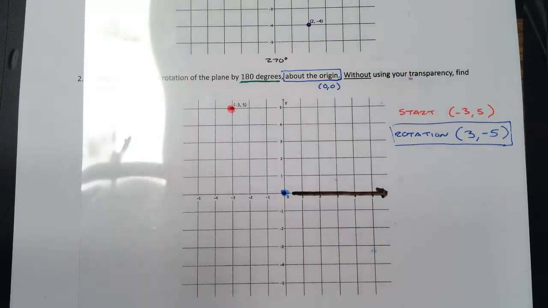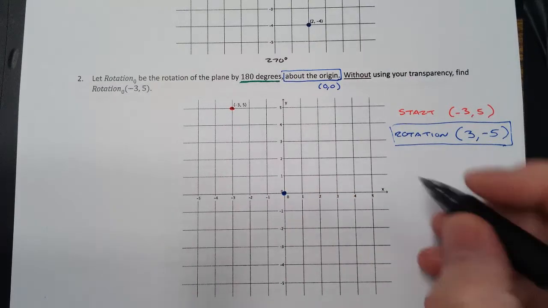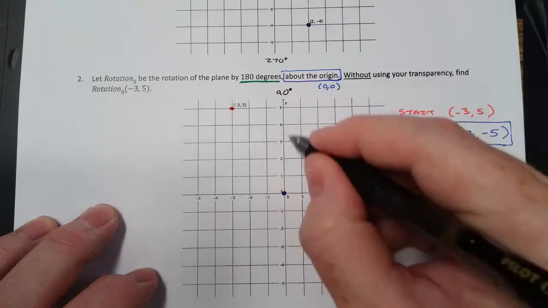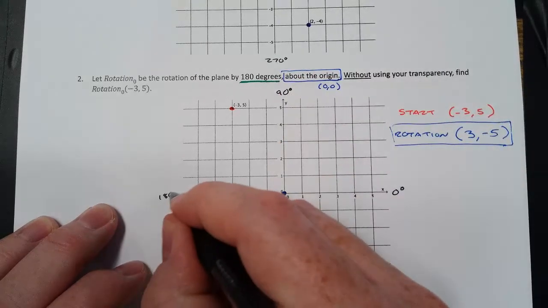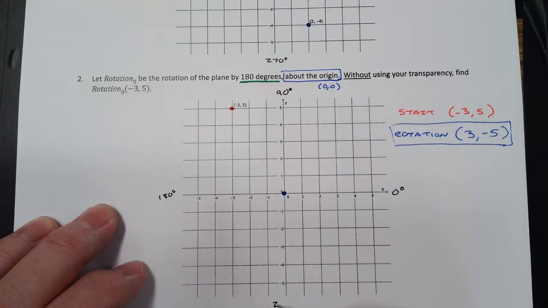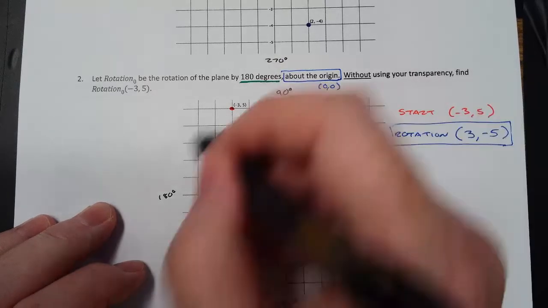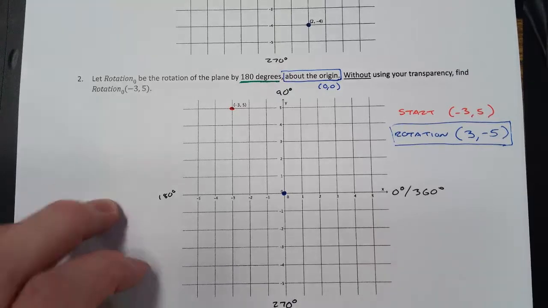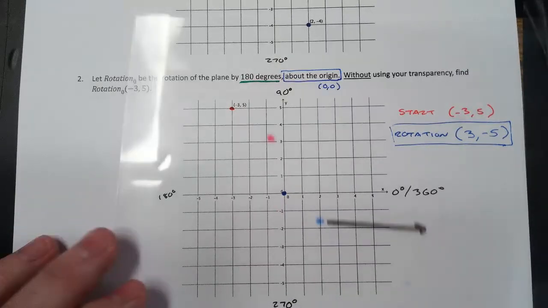Oh, I forgot to label the degrees to help. Remember, 0 degrees is over here. 90 degrees is one L shape. 180 degrees is the straight line. 270 degrees is down here. And if we keep going in our circle, 0 degrees is also 360 degrees. There we go. We're caught up now.